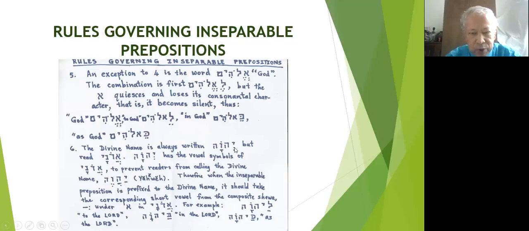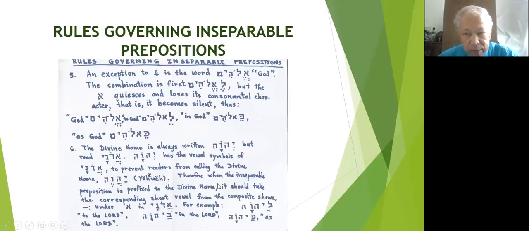The reason it is written with the vowels of Adonai is to prevent people from pronouncing God's personal name. This is not how God's personal name is pronounced. So they will read it as Ladonai, following the vowels of Adonai, Badonai, and Kadonai.